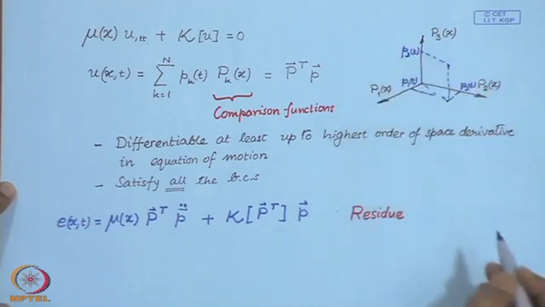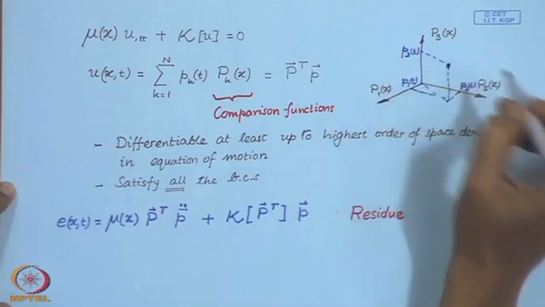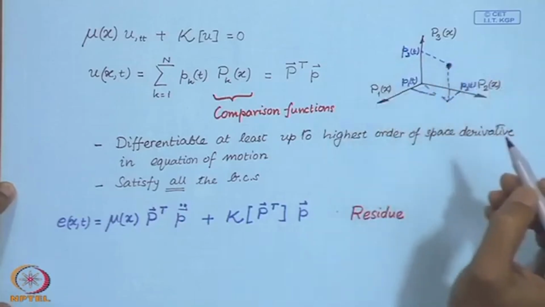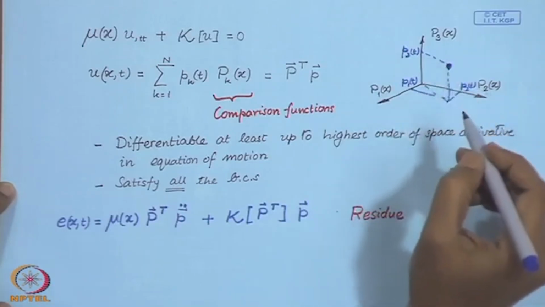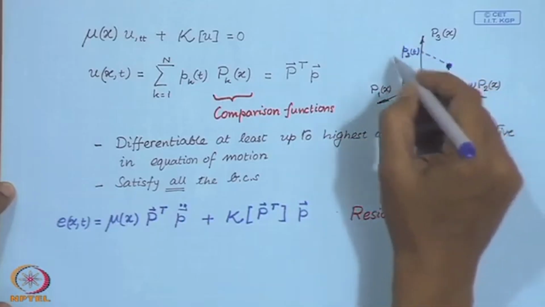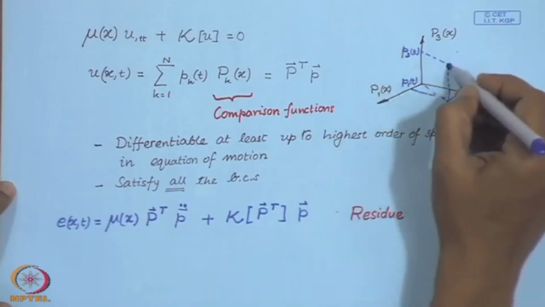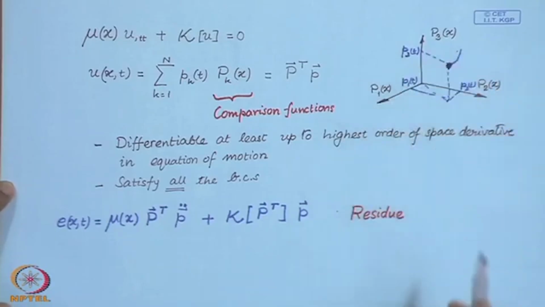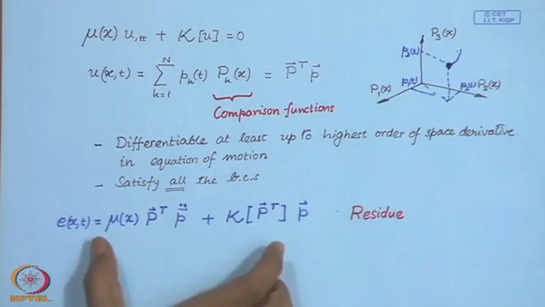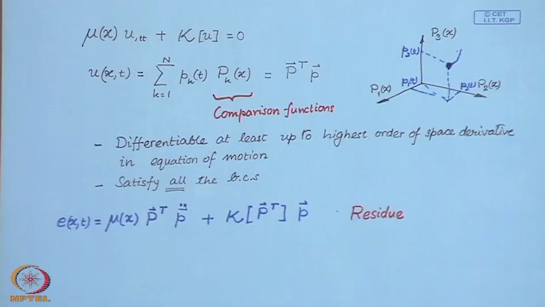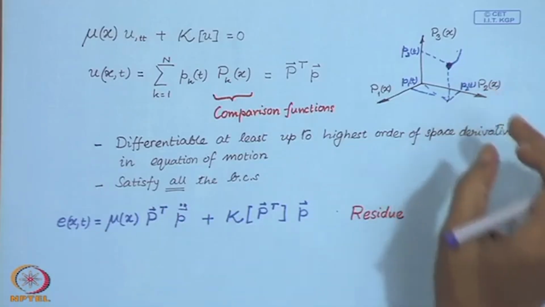This point represents the configuration of the system, and as these temporal functions change, this point moves in this space. Now, we have generated this residue because this solution is approximate.